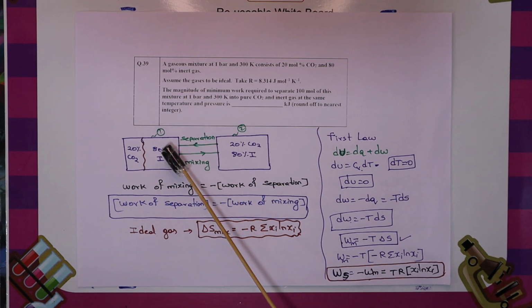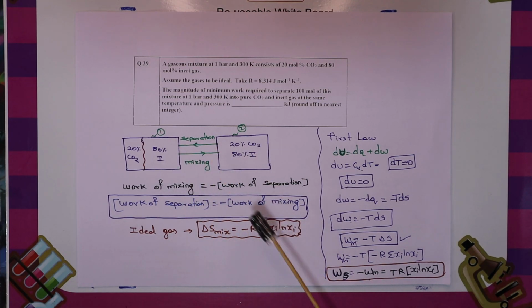The change in entropy of mixing is minus R into sigma xi ln xi. This is the standard formula for the entropy change of mixing, where xi is the fraction of CO2 and the fraction of the inerts in the mixture. We have to take the help of the thermodynamic first law to estimate the work for the mixing that has occurred.